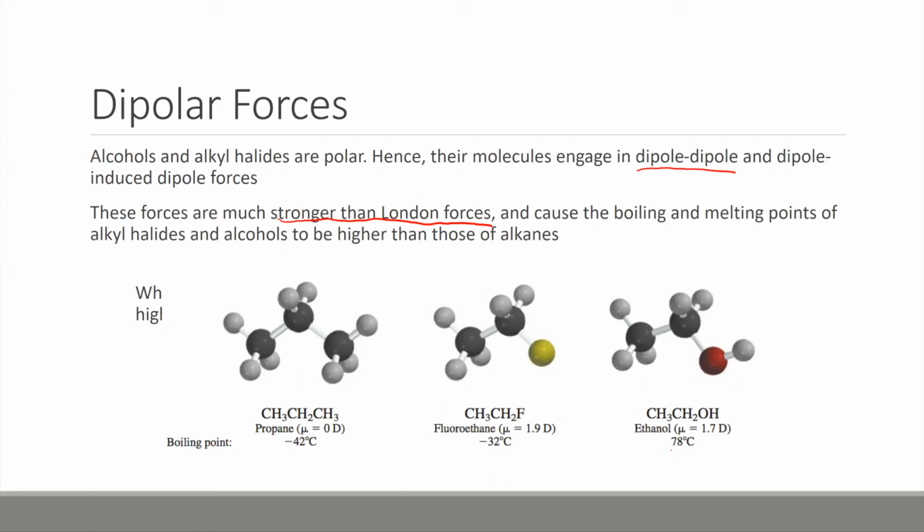So ethanol has a boiling point of 78 degrees Celsius, whereas propane has a boiling point of negative 42 degrees Celsius. So those stronger forces make it harder to get ethanol or an alkyl halide like fluoroethane to boil or melt, and thus you need more heat to accomplish that.